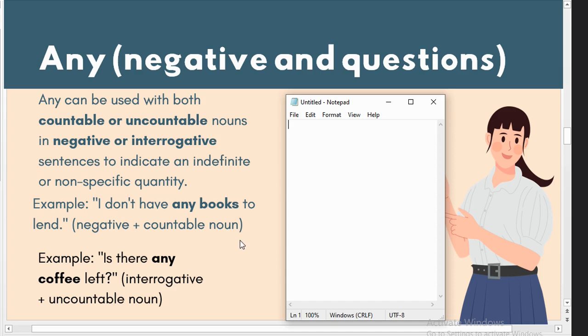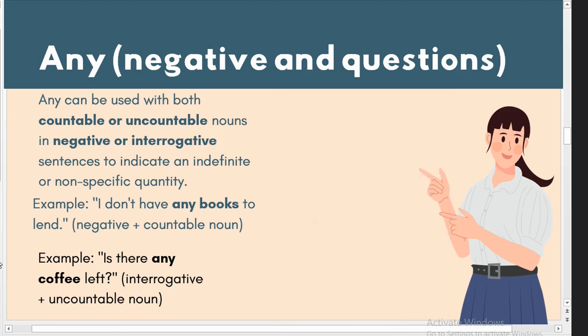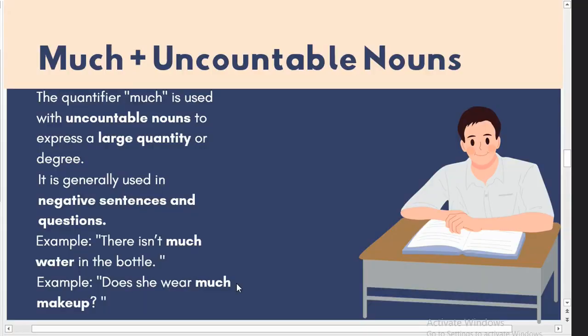We can count books, but we don't know how many books we have. We use any because we don't know the exact amount. Is there any coffee left? Interrogative plus uncountable noun. Coffee we cannot count, so we can use any with both countable and uncountable nouns.